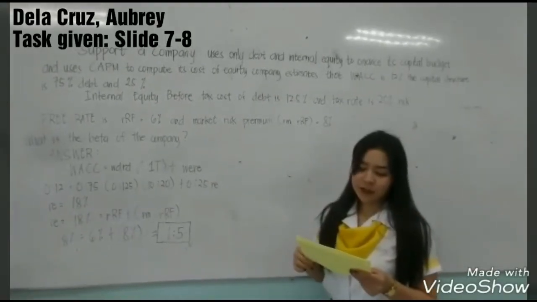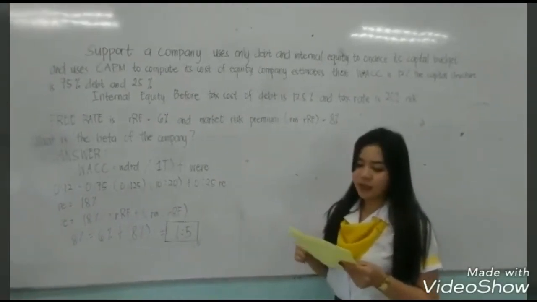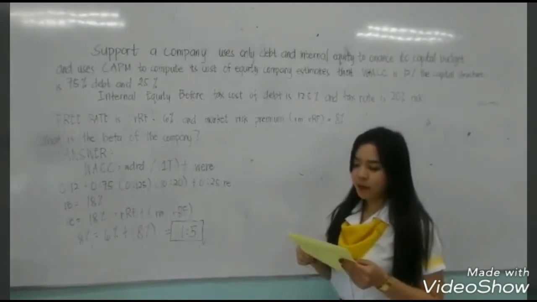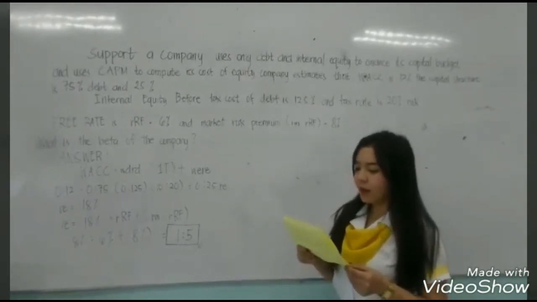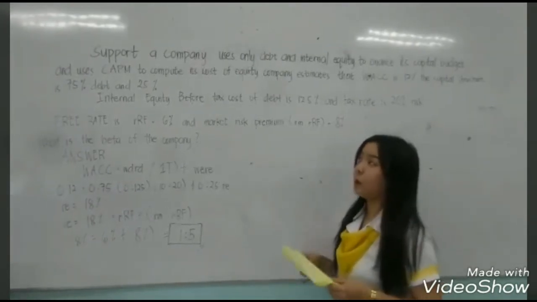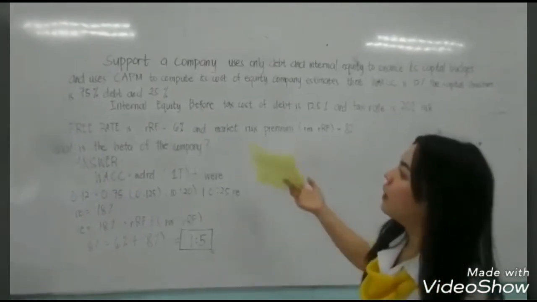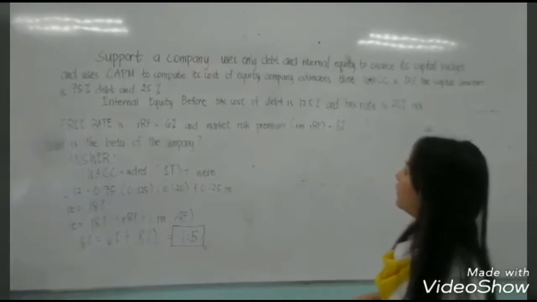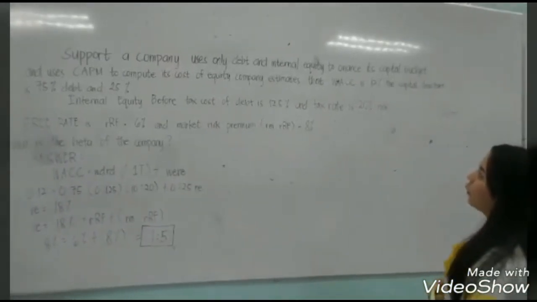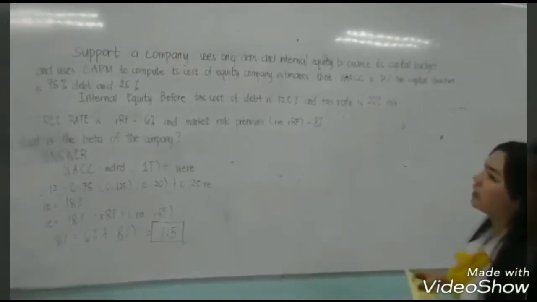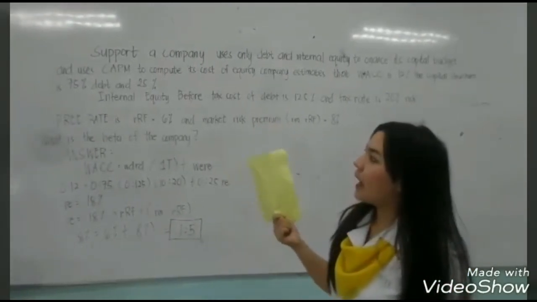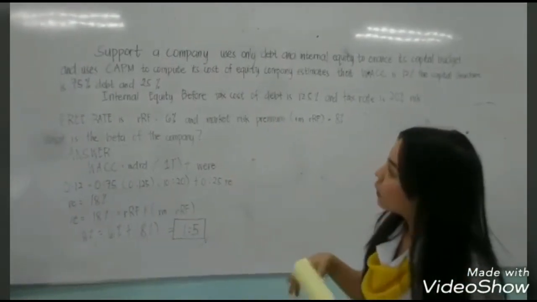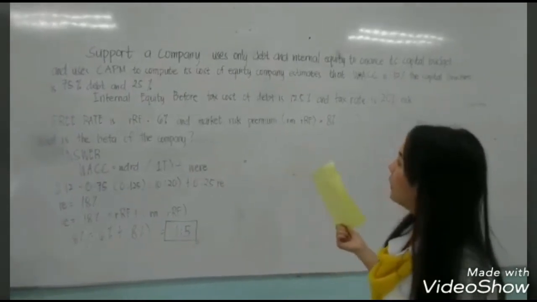Weighted Average Cost of Capital or WACC, a way of estimating the company cost of capital, incorporates an adjustment for the taxes a company saves when it borrows. So here's the problem. Suppose a company uses only debt and internal equity to enhance its capital budget and uses CAPM or Capital Asset Pricing Model to compute its cost of equity.